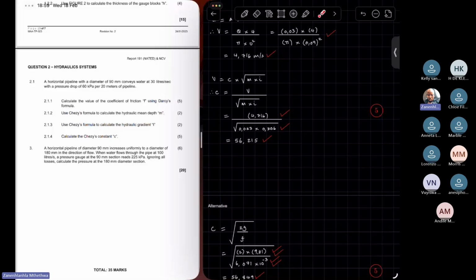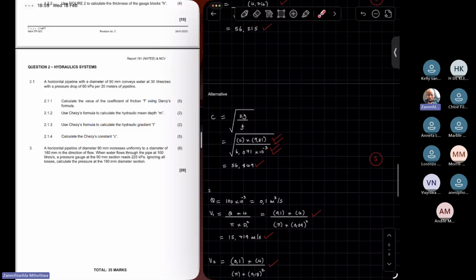No, in fact, I think it's good that you brought that up. So I do not mark answers. I mark the approach. The approach is what is important, right? So your approach here is perfect, hence everything is correct. The values might differ here and there because of how we expressed some of our answers.